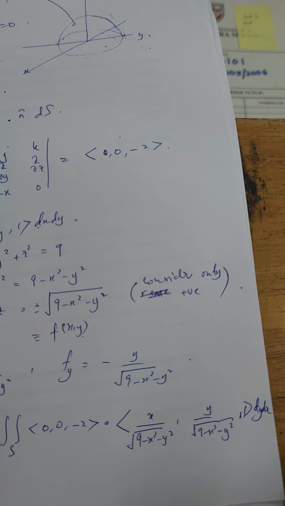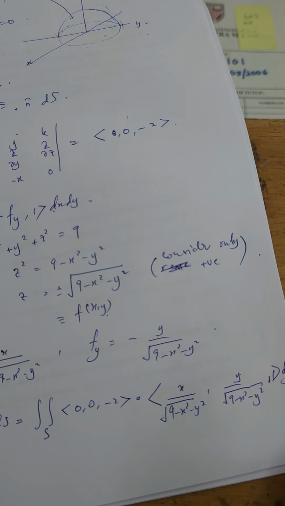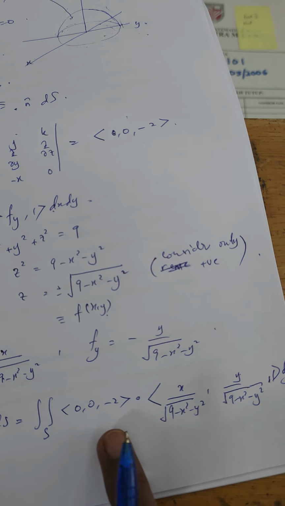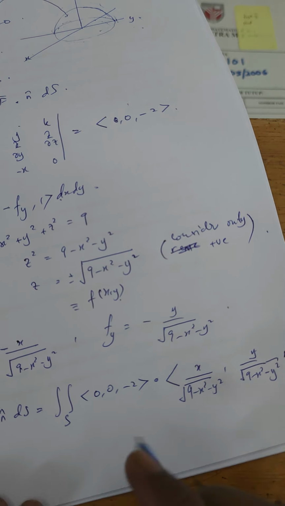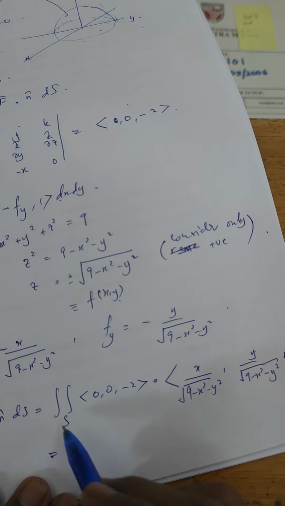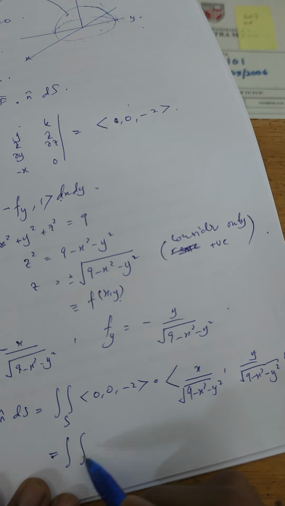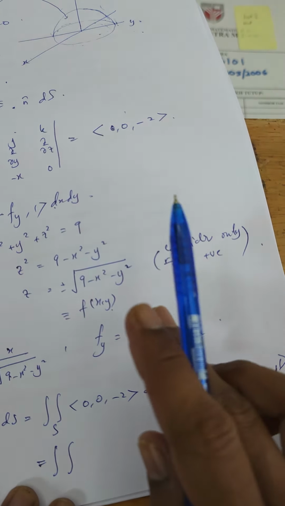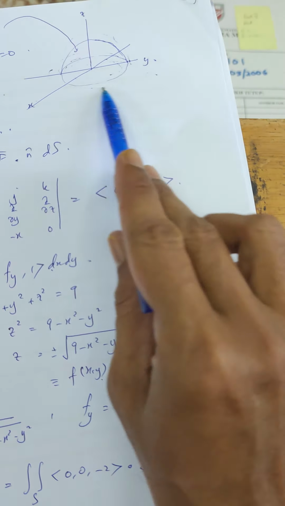Okay, so that isn't difficult to solve. So what we have now, I think I can just leave this to you. This is equal to the integral over a circle. Yeah, that's the integral over a circle.